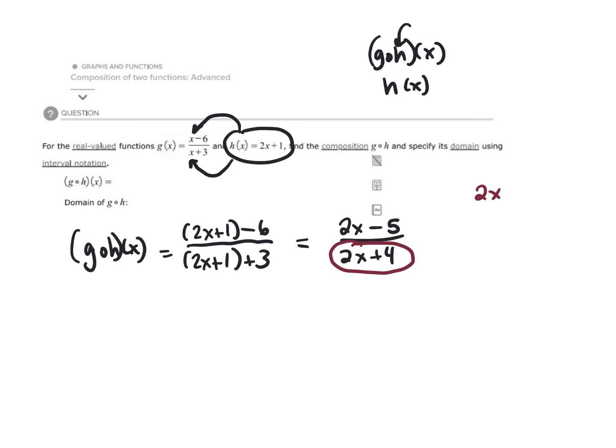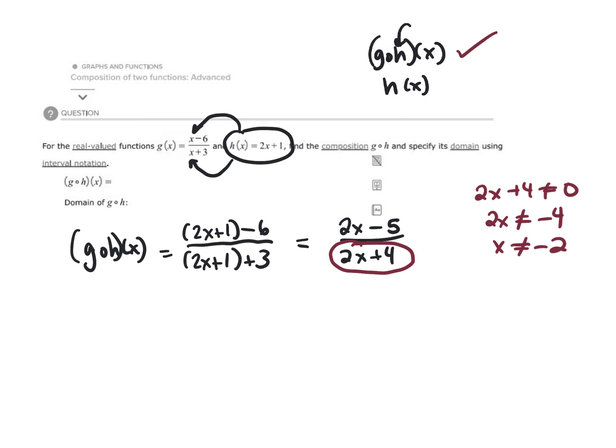So 2x plus 4 can't be 0. If I solve for that, 2x can't be negative 4, divide by 2, x can't be negative 2. If I plug in a negative 2, I will get an undefined value in my answer.